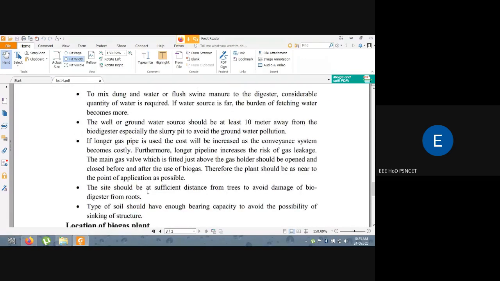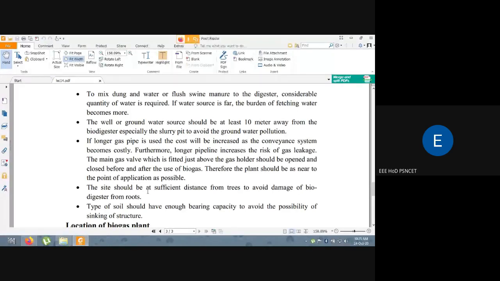And the next thing, to mix dung and water or flush this swine manure to the digester, a considerable quantity of water is required. Okay, so we have discussed earlier, 25 kilograms of cow dung is mixed with 25 liters of water, for a simple structure.